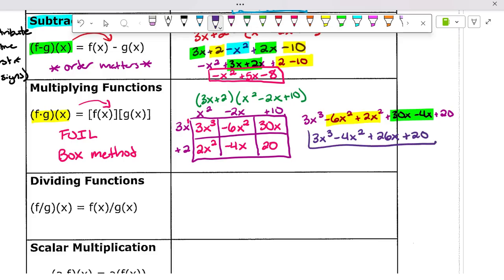And there's your answer. Now, again, to each their own. You could have definitely foiled that if you want. I don't care. All right? But, like I said, I highly do not recommend foiling for any function bigger than 2 terms. For example, if we had 3x plus 2 times negative 2x plus 10, that would be a good foil. That's an easy foil. As soon as you add that third term, that's when it gets dicey.